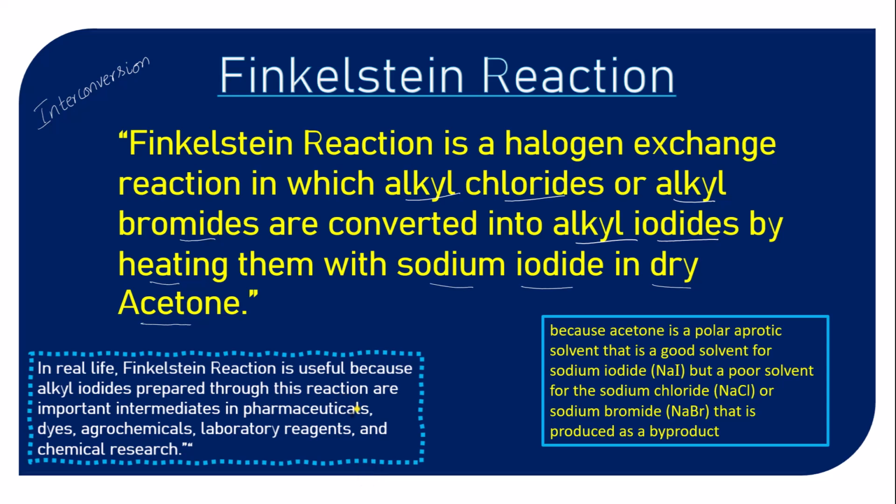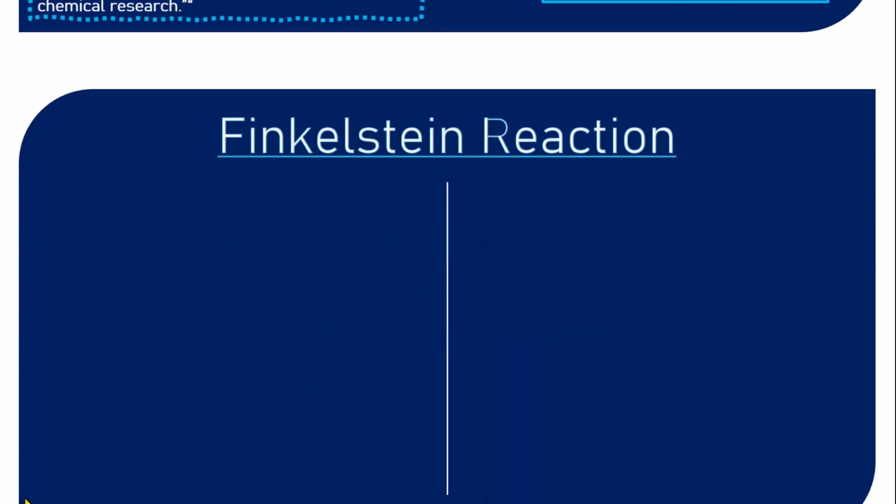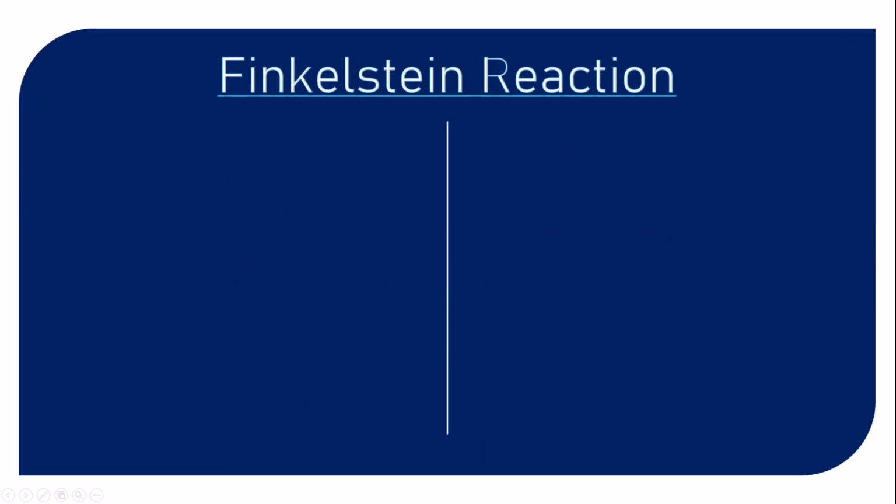So with that being said, let's understand how to write the general reaction equation, and take up a few examples of the Finkelstein reaction. How do we write the general reaction for Finkelstein?